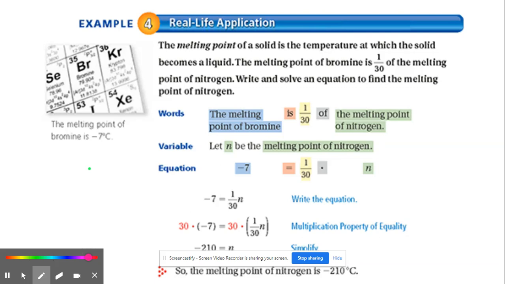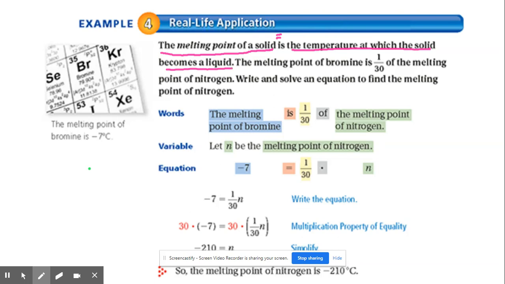So it says the melting point of bromine, so you have all of this, is, okay, so is in math means equals, the temperature at which the solid becomes a liquid. Okay, so this is equal to the temperature at which the solid becomes a liquid.